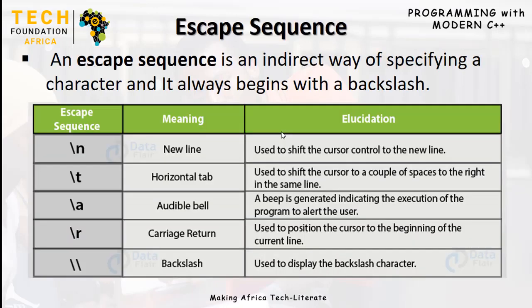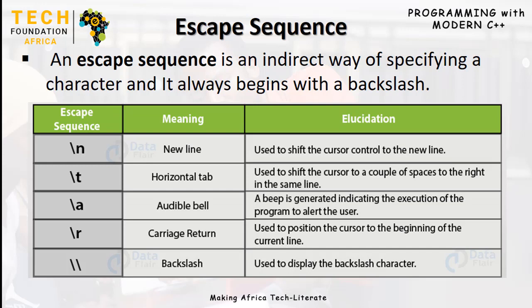An escape sequence is a sequence of characters that does not represent itself when used inside a character or string literal, but is translated into another character or sequence of characters that may be difficult or impossible to represent directly. So an escape sequence is an indirect way of specifying a character, and it always begins with a backslash.